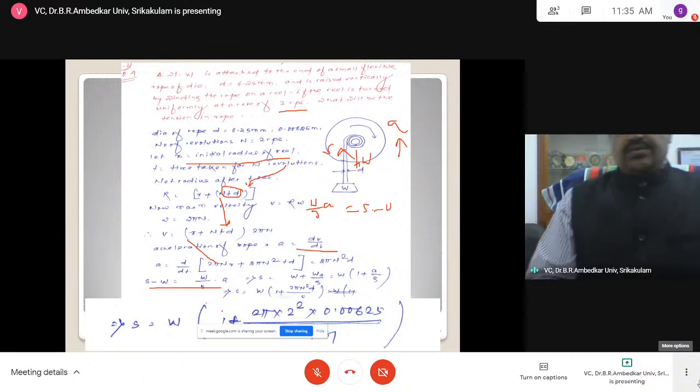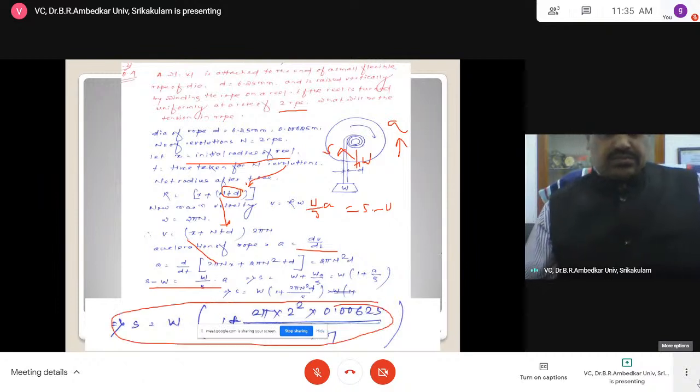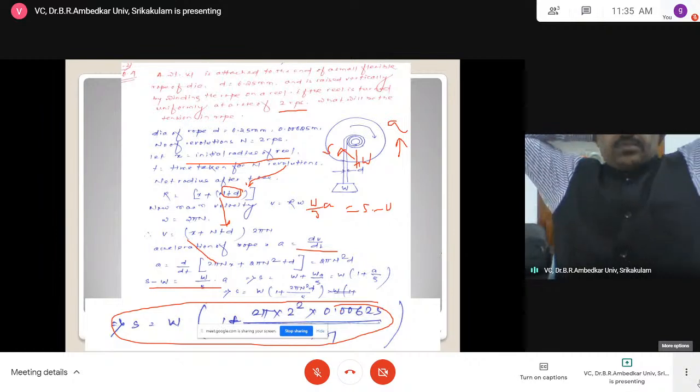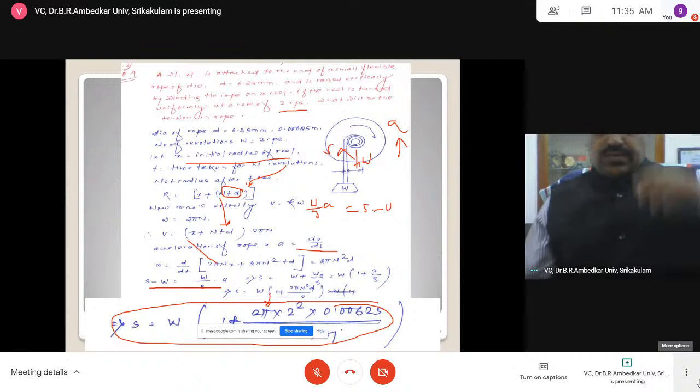From this, find out the value. This is the final value. Substitute the data in this expression and you can find out the value.